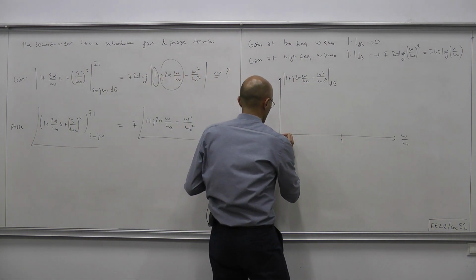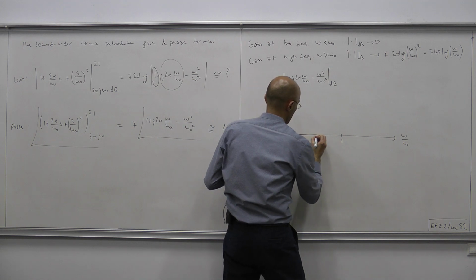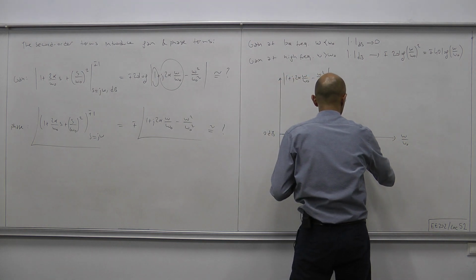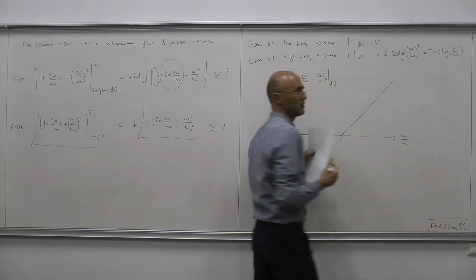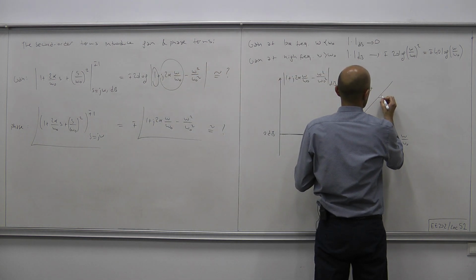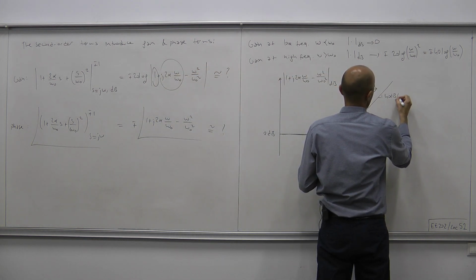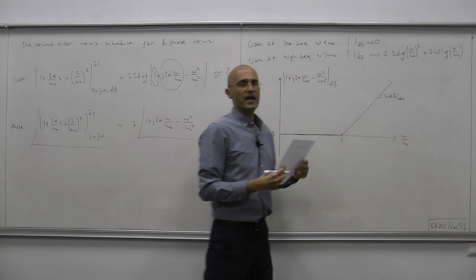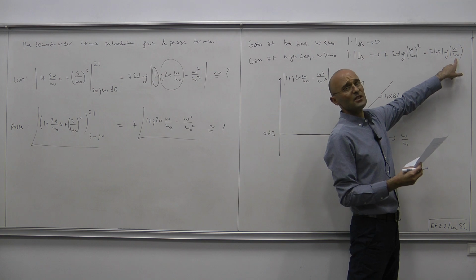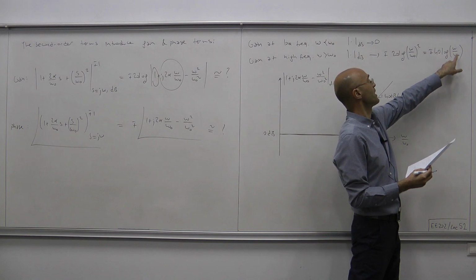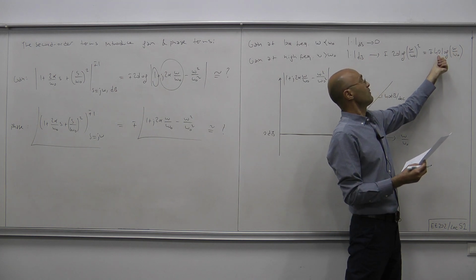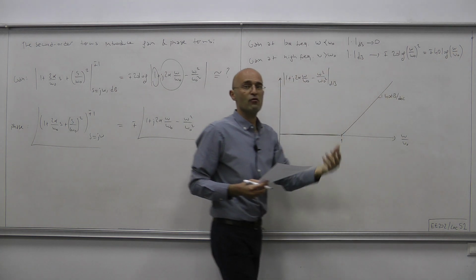Here we have the low frequency asymptote, and here we have the high frequency asymptote, a constant slope line. The slope is 40 dB per decade, because when you move omega from omega 0 to 10 omega 0, let's say, log 10 is 1, so you have reached the quantity of 40 dB.